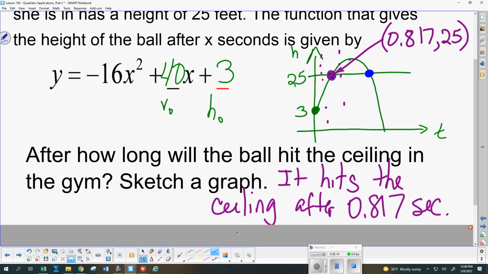So once it hits the ceiling, it's going to bounce down, and the rest of this model is invalid. I would not really scribble through it on my homework set, but for our discussion, does that make sense to you guys? So this isn't going to tell us when it hits the floor because it didn't take time to go on up like the green parabola modeled. It got there faster, sometime less than that.